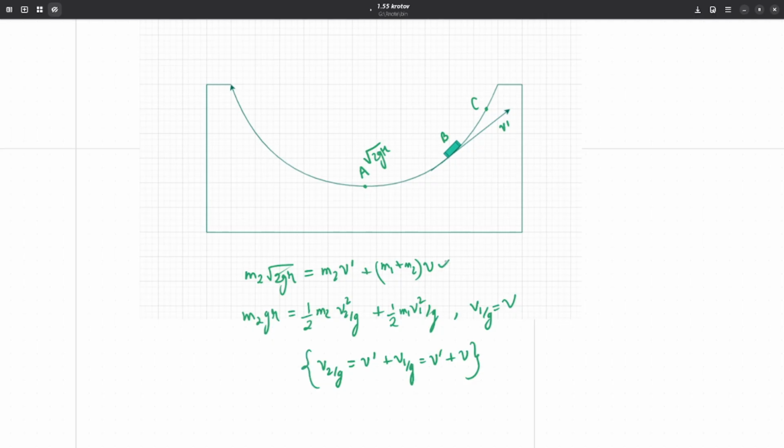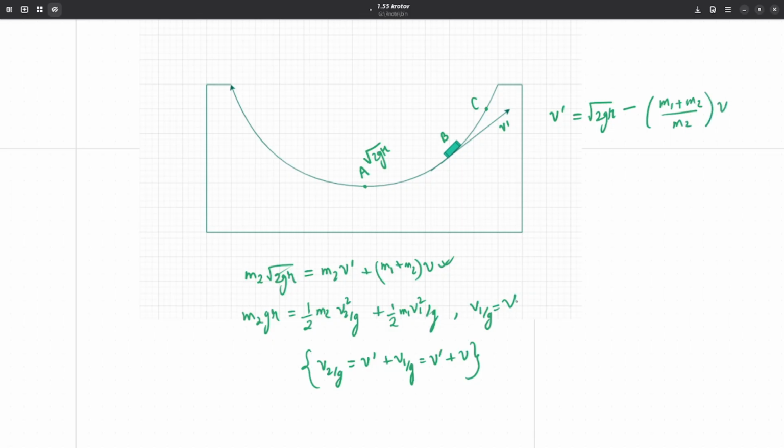So from the momentum equation, we can bring out v prime. We can write v prime is equal to root 2gr minus (m1 plus m2) divided by m2 times v.